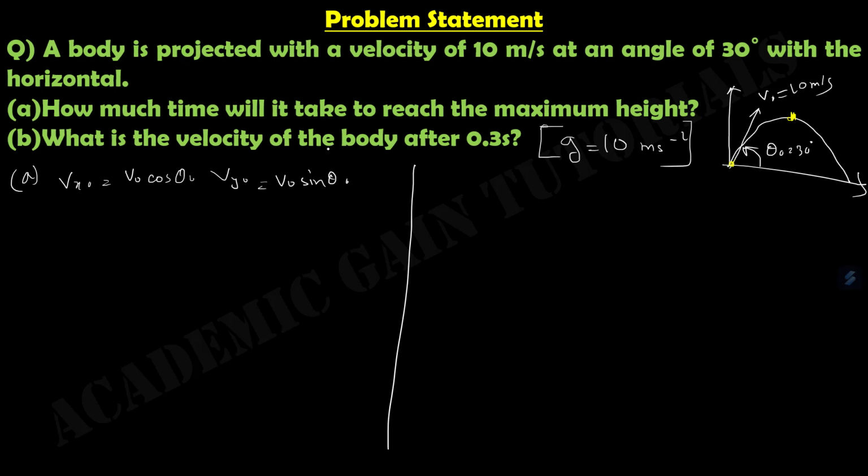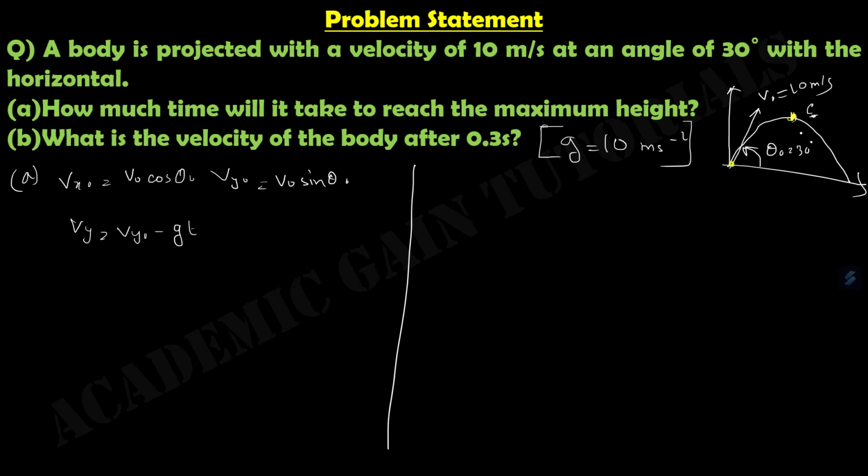Now suppose the body is moving from that point to that point, and when it comes to point C, the y component of the velocity of this body will be Vy. We know Vy equals Vy naught minus g t.